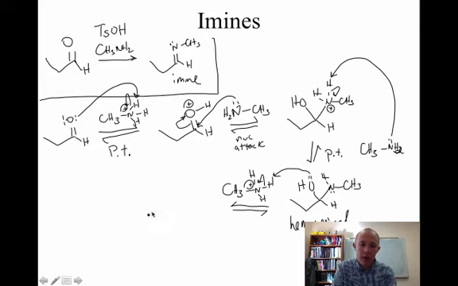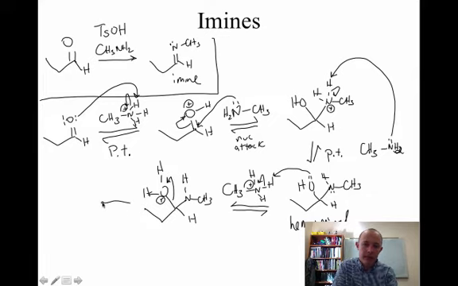So now this is going to be a water molecule. And now we have a leaving group leaving step, which generates that molecule of water. That's also one of the products.